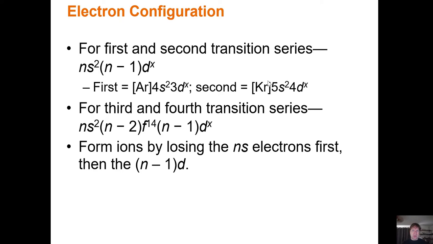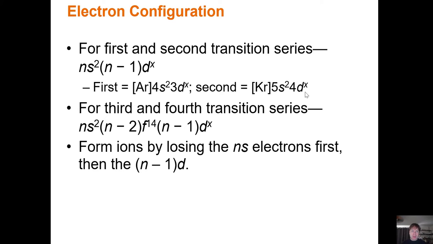And then the second series would be Kr, the previous noble gas, and then 5s2 4dx. So whatever period you're in, ns2, and then period minus 1 d, dx, anywhere along from group 3 to 12 of the periodic table.